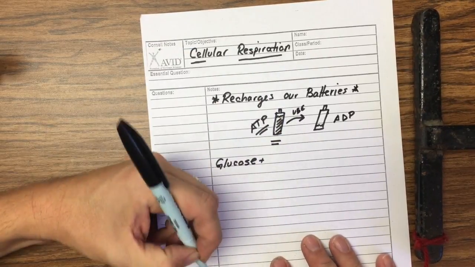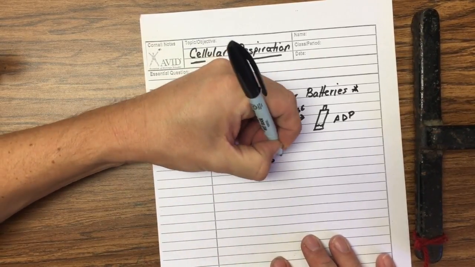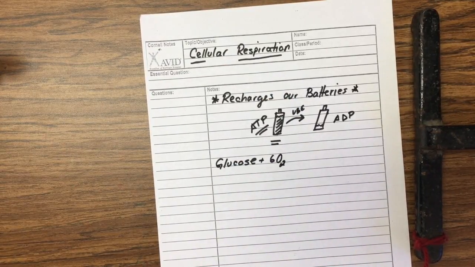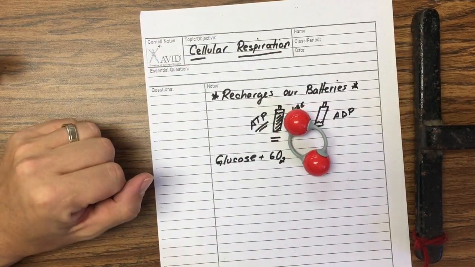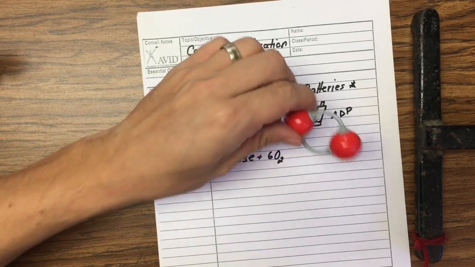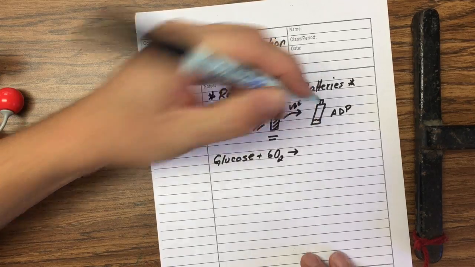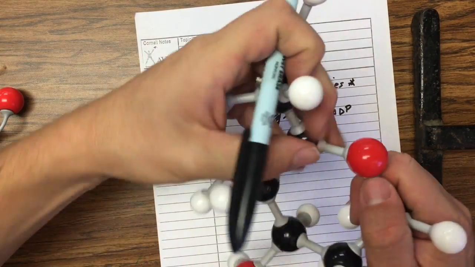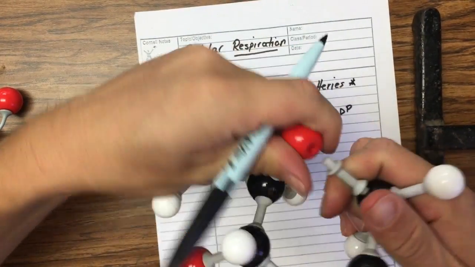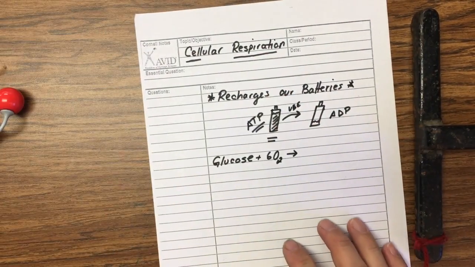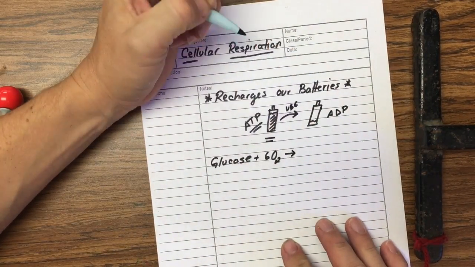Then it's also going to need 6 molecules of oxygen, O2. So we're going to need 6 of these. What your body does is break the bonds from these molecules, and it uses the energy stored in these bonds to recharge your batteries.